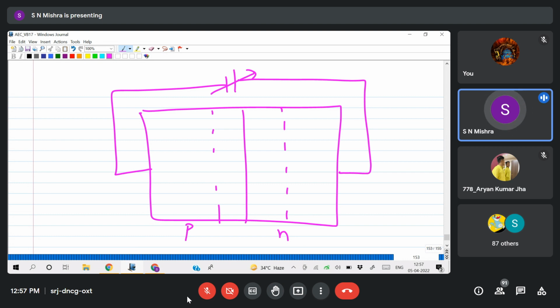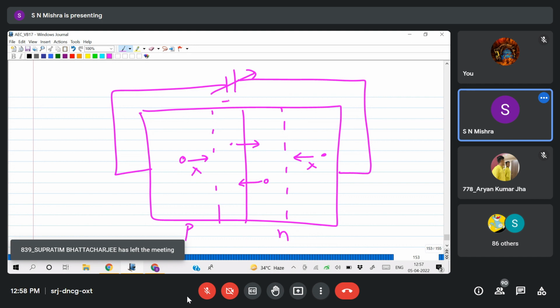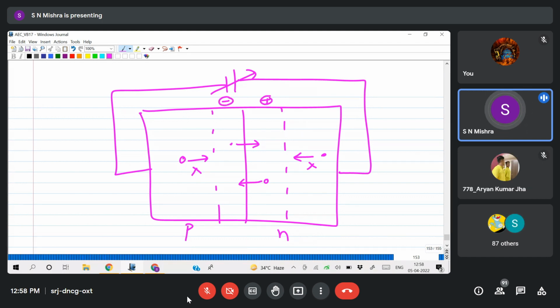And while it is wider, the majority current will not flow, but minority current which is present here can easily transfer from here to here, because in P side we will get negative ion and N side will get positive ion. In that we'll get electric field plus minus. So that's why the electrons, or minority carrier, can easily flow from one side to other side.